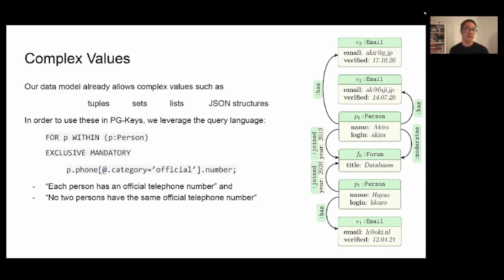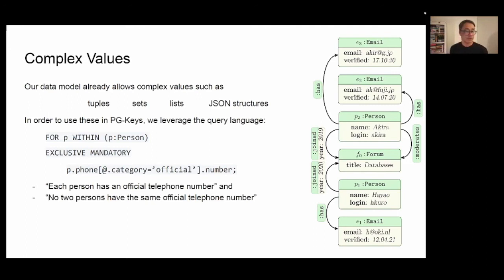And then finally, our data model already allows complex values such as tuples, sets, lists, JSON structures. In order to use these in PG keys, we'd have to leverage the query language. So we need to use the parameter, the query language used to instantiate our formalism, to access and reason about the complex values.